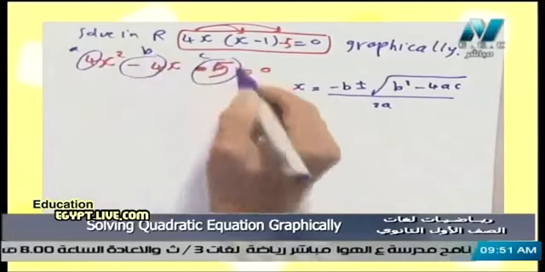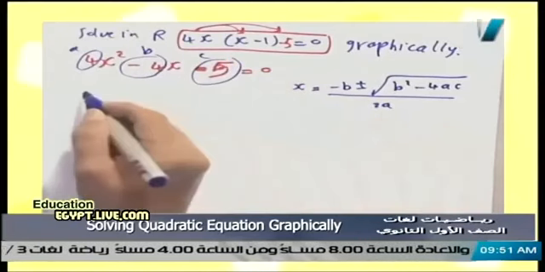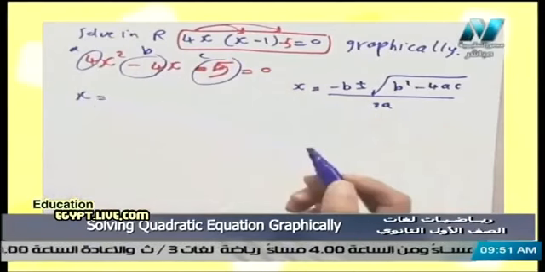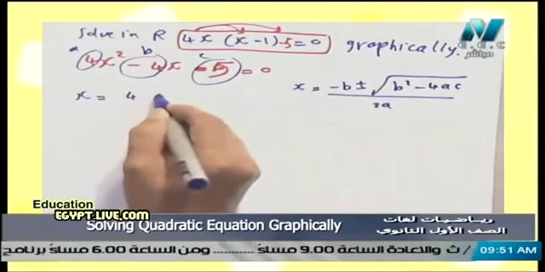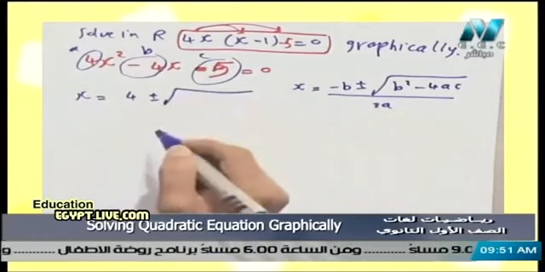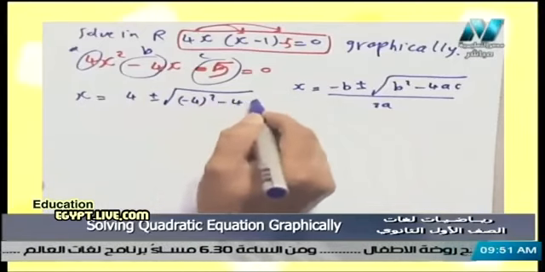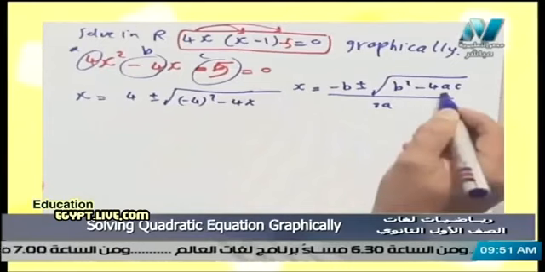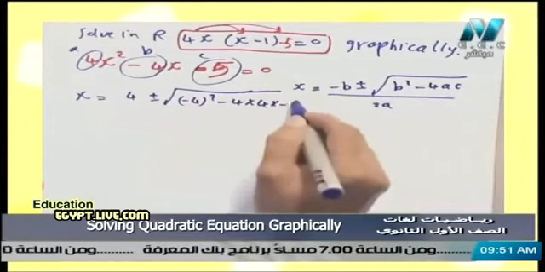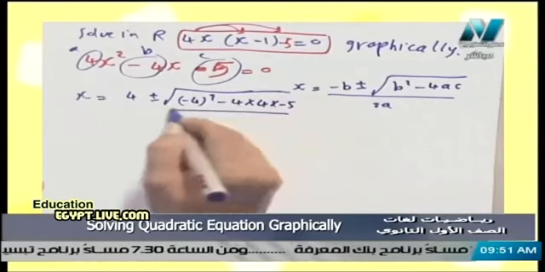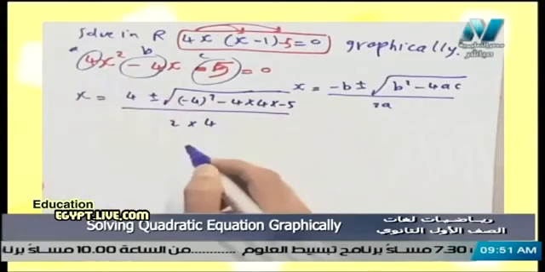And C is negative 5. And by direct substitution here, x will be negative b, here 4, plus or minus square root of b power 2, meaning negative 4 power 2, minus 4 times a, which is 4, times c, which is negative 5, and all of them over 2 times a, which is 2 times 4.